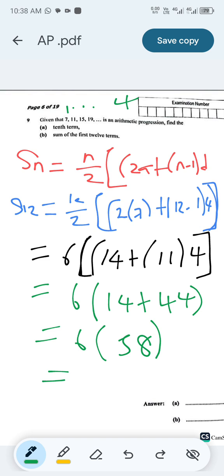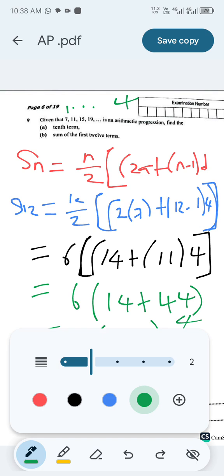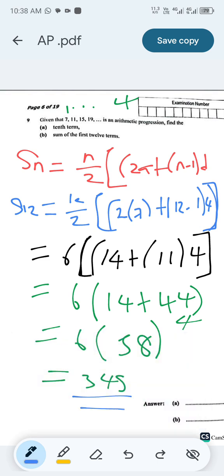Then we just need to multiply 6 by 58. So 8 by 6, that's 48. 5 by 6, that's 30. Then plus 4, that's 34. So the sum of first 12 terms, when we add them, we are going to have 348.